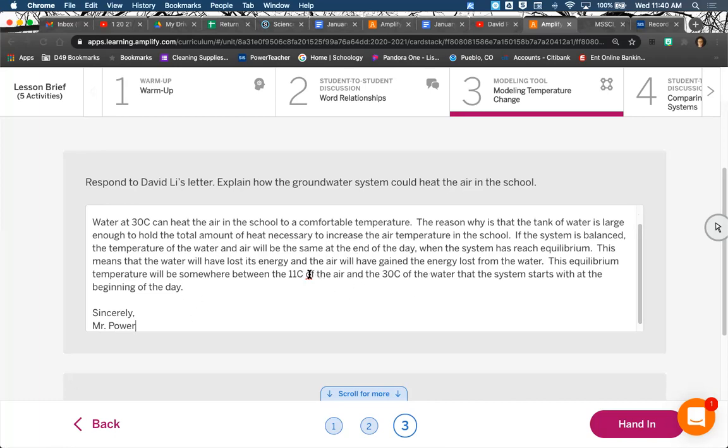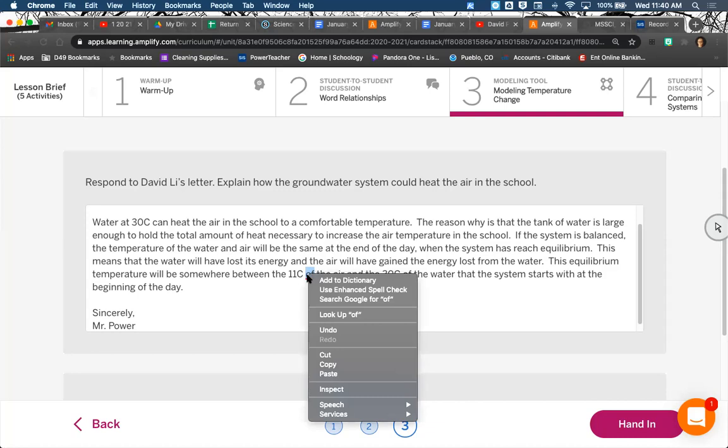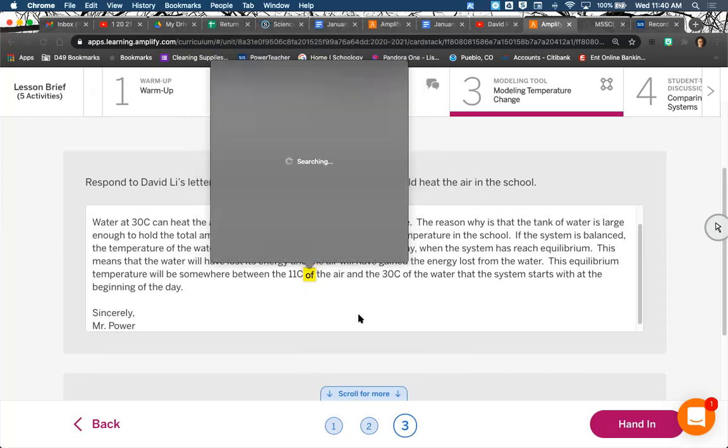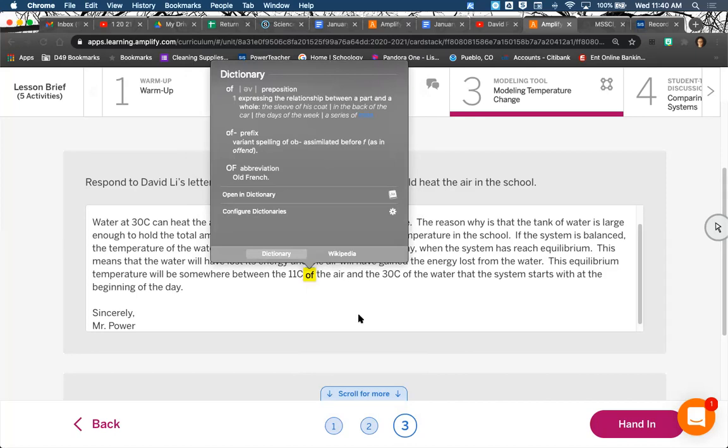Oh, I have something here that's not making sense. Between 11 degrees of the air of the water. I wonder why it thinks that's misspelled. Look up the word of. Expressing the relationship between a part and a whole.